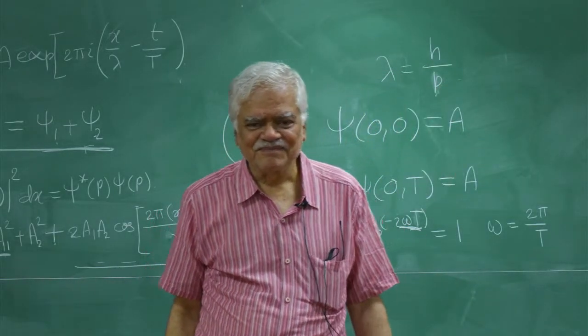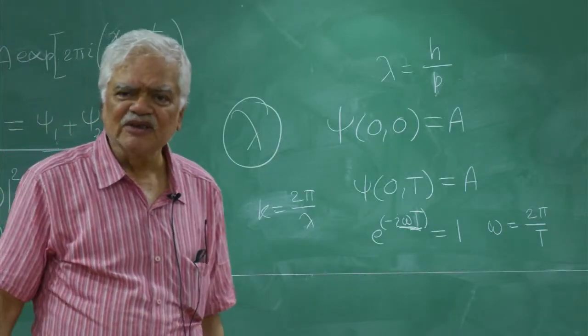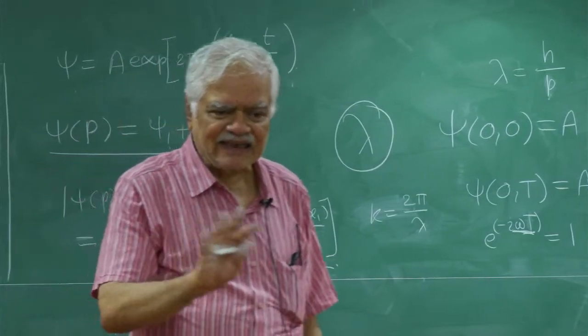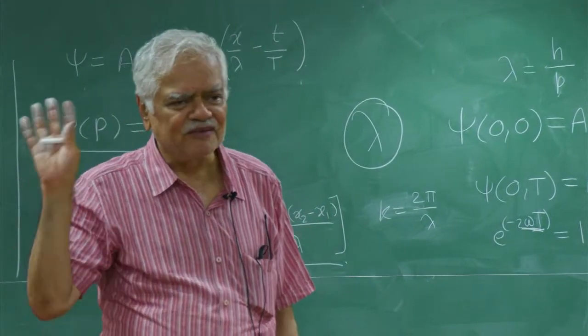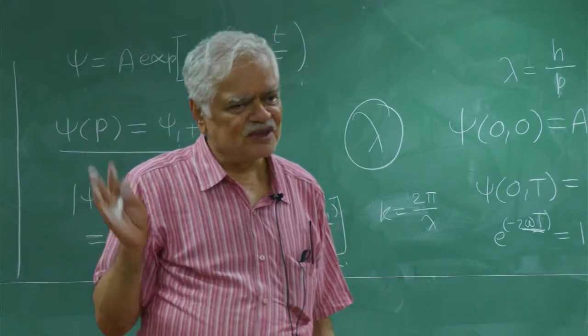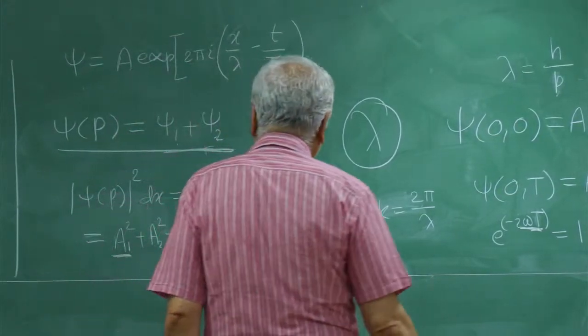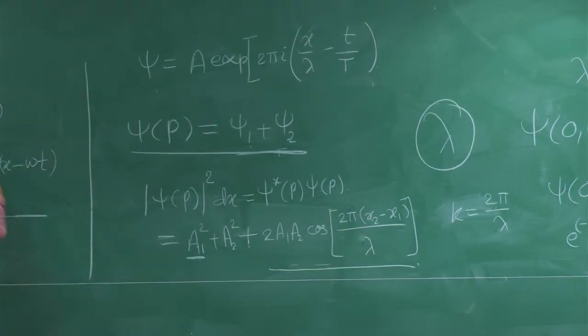this formula. And why do we believe in this formula? Because if I use this formula in this expression, I reproduce exactly the observed pattern. No problem. So this validates this formula. Now, I will not go into details, but from the photoelectric effect we have already seen the Einstein equation.